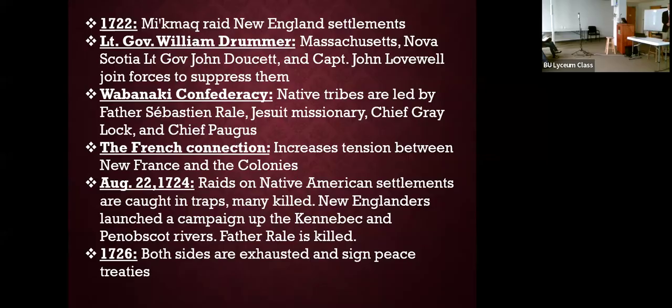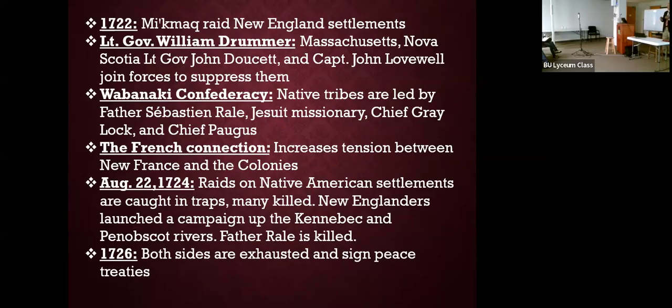They put together substantial forces. But here's the other critical element that often gets forgotten in colonial history. Notice that the native tribes are led not just by a native chieftain, Chief Greylock and Chief Paugus, but Father Sebastian Rale, Jesuit. So he's as much in this mix and involved in the raiding as anybody.